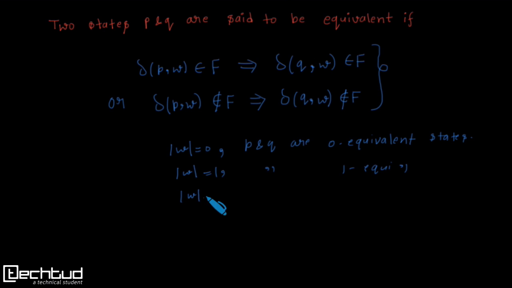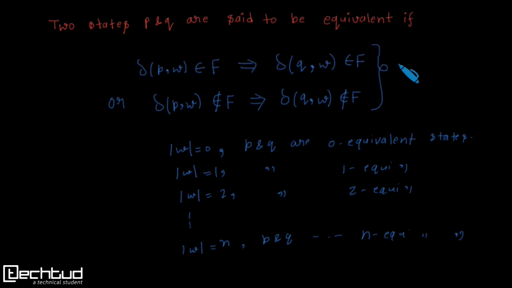If the length of this string is 2, then P and Q are 2 equivalent. So on. If the length of this string is n, then in general P and Q are n equivalent states. Fine. So our goal is to find the equivalent states, and then we will group all those equivalent states into a single state.